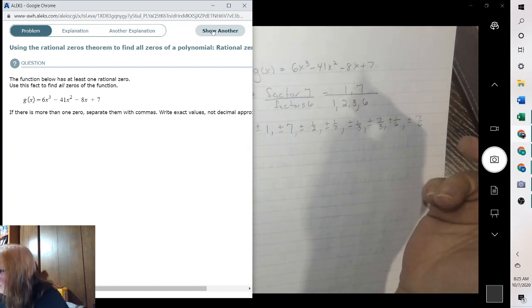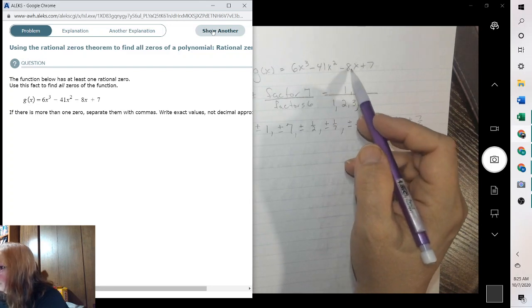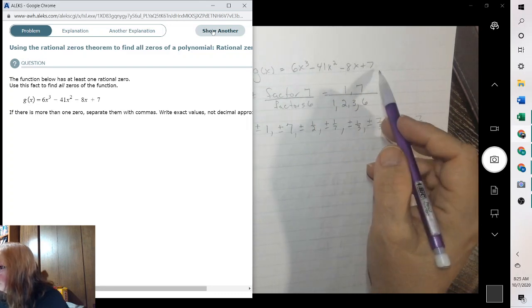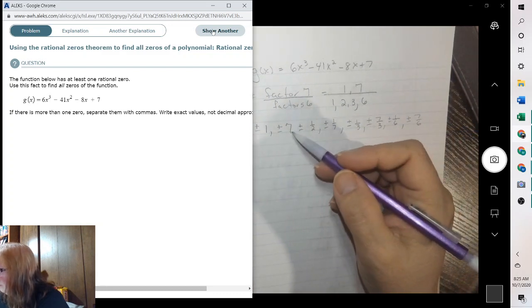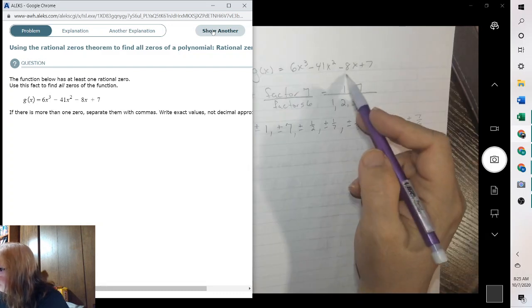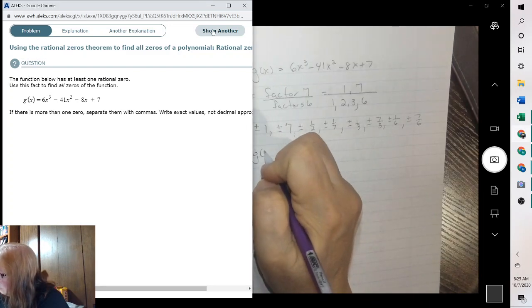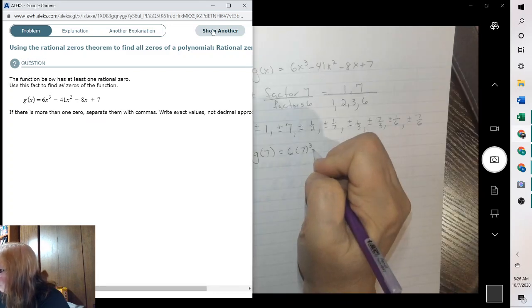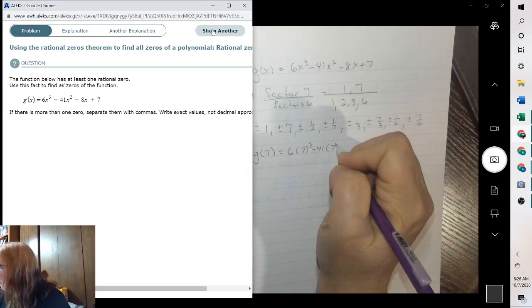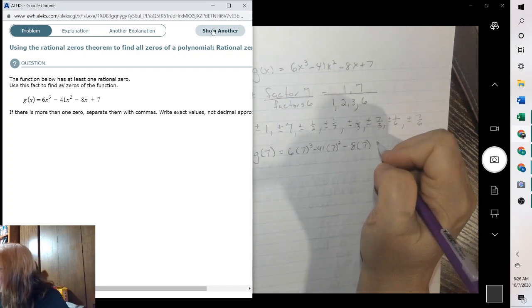So you plug in a value. I can already tell with this 41, these other numbers are so much smaller. 1 and negative 1 are not going to work. Try 7. 6 times 7 cubed minus 41 times 7 squared minus 8 times 7 plus 7.